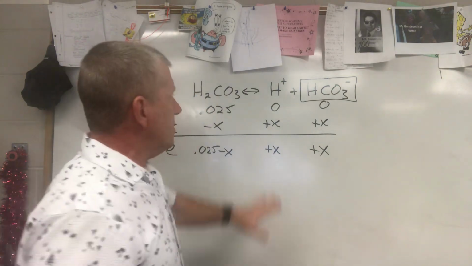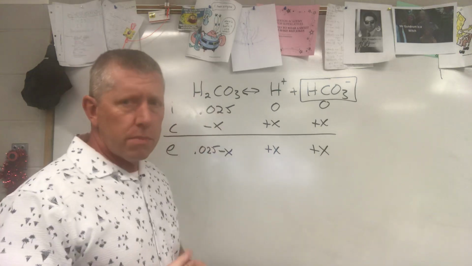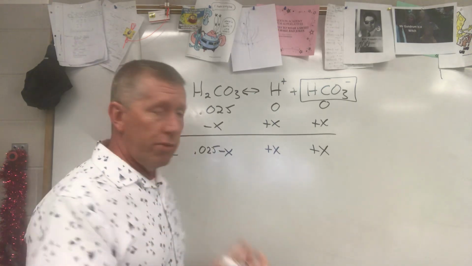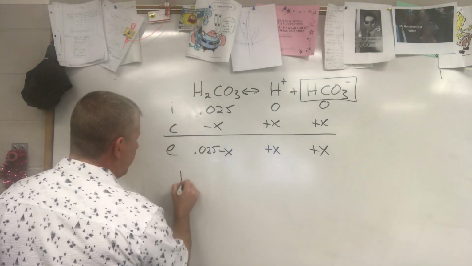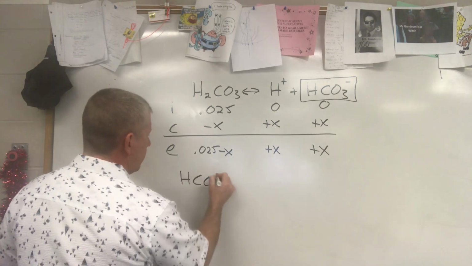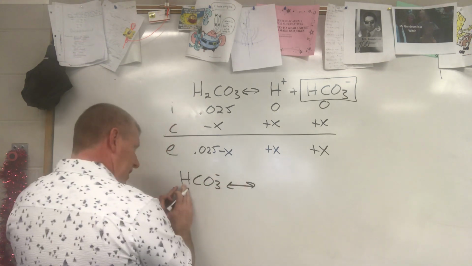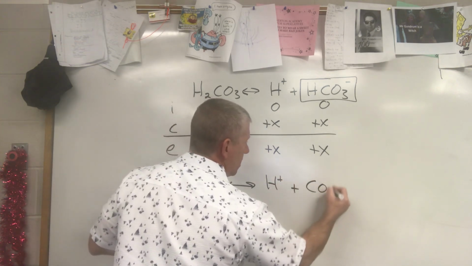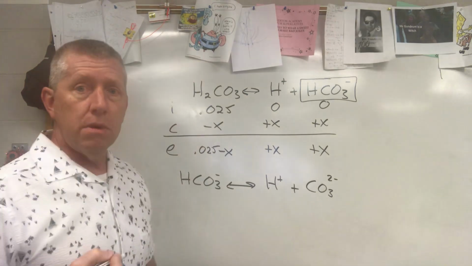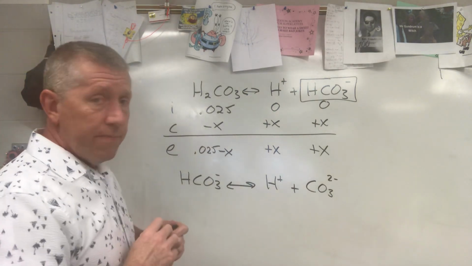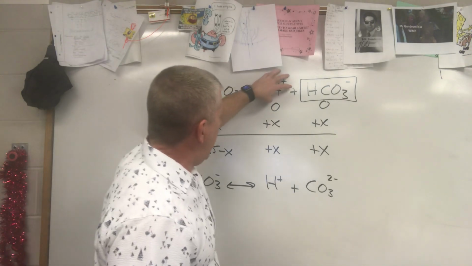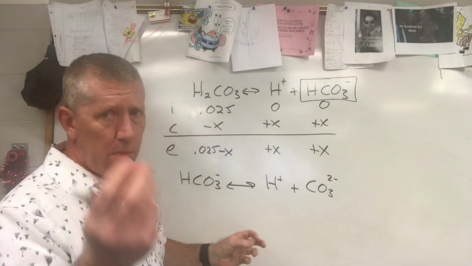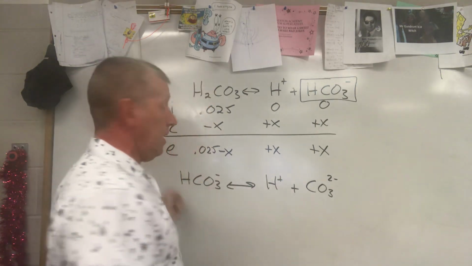So this is a weak acid, and it's going to further break down, but not very much. If I write that reaction out, some of this H comes off, leaving me with the carbonate ion. I get hydrogen from the first hydrogen coming off, and a little bit more hydrogen from the second hydrogen coming off.